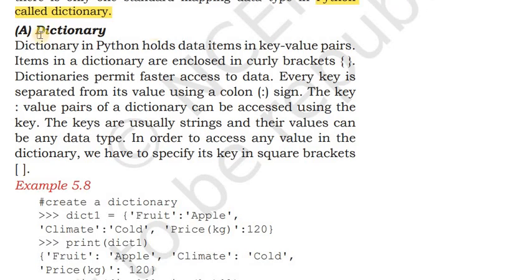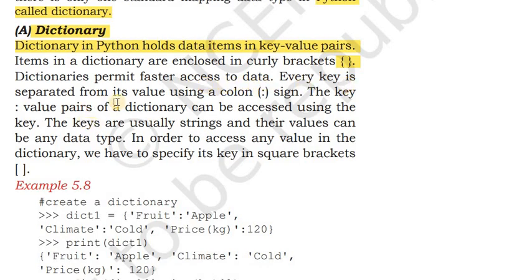Take another topic. It is dictionary. How will you define a dictionary? A dictionary in Python holds data items in key-value pairs. Items in a dictionary are enclosed in curly braces. Dictionaries permit faster access to data.